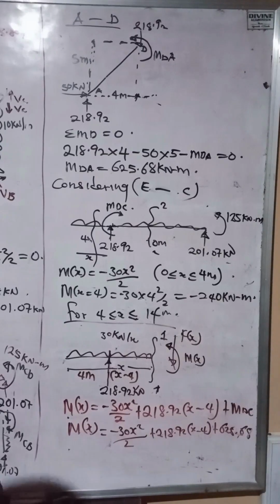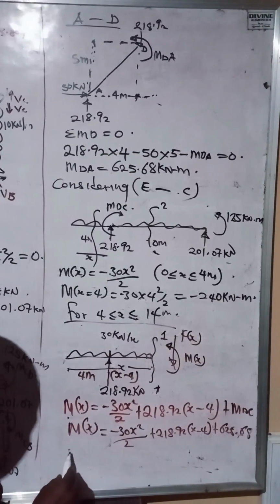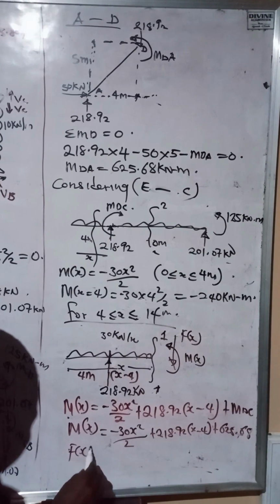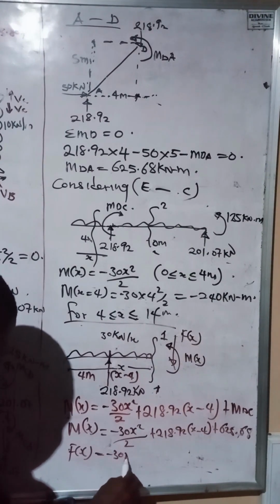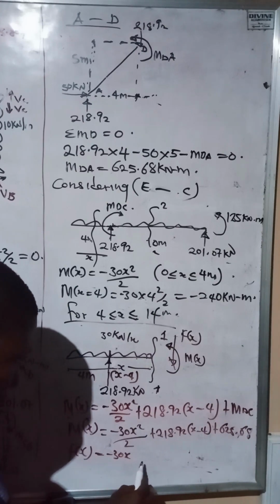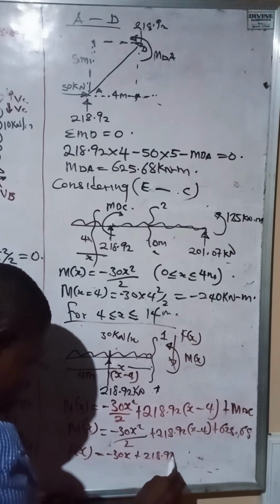With this space, let's obtain the shear force expression. So we can have the shear force expression equal to minus 30x plus 218.92.